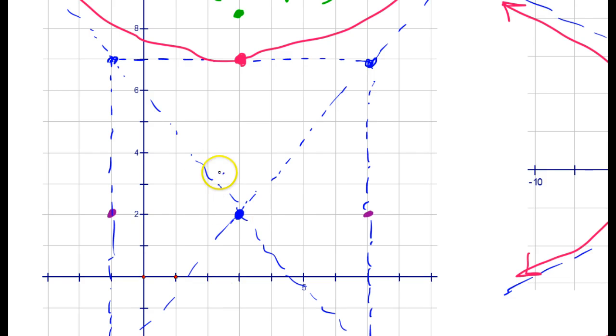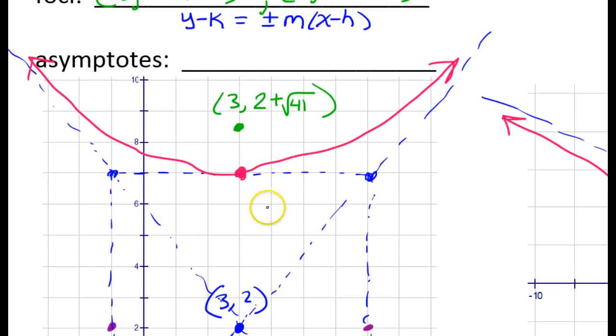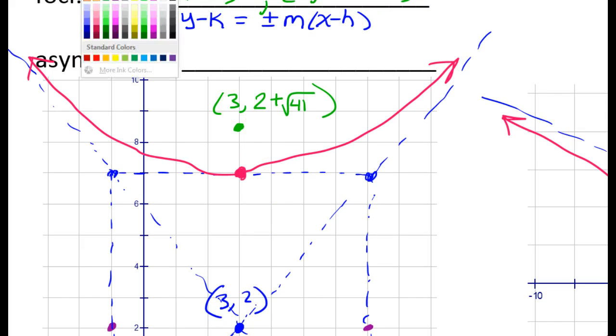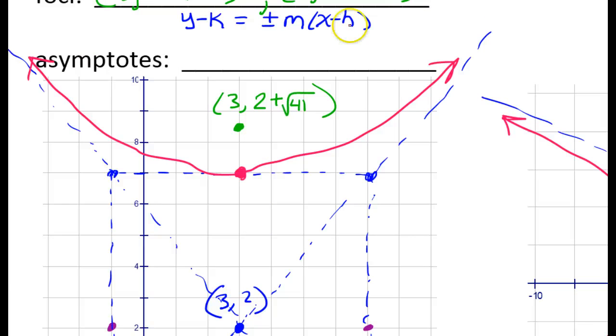So in this case, the center has coordinates 3, 2. Okay, so this is my h and my k, 3, 2. So when I write the equation of the asymptotes, I'm going to start with this 2, the y coordinate, and I'm going to put y minus 2.